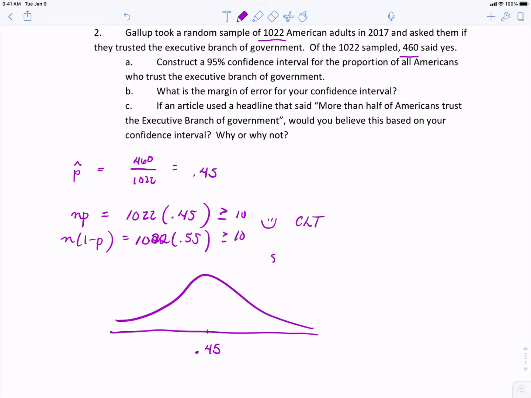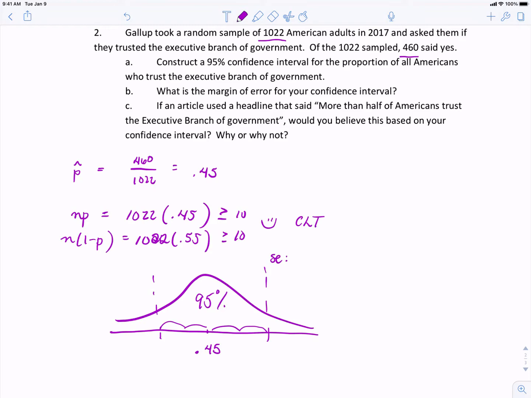I could then compute the standard error using the formula we used in the previous example, and then I know that if I go out roughly 2 standard deviations on each side, about 95% of my samples should be in that region. So that's the theory behind a 95% confidence interval, but in practice what we do is we let technology do this for us.